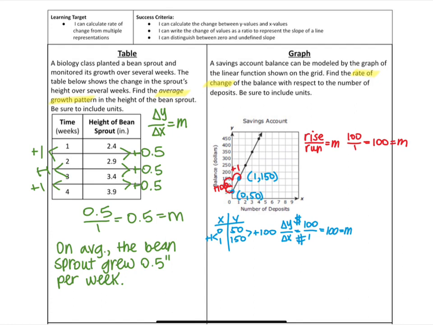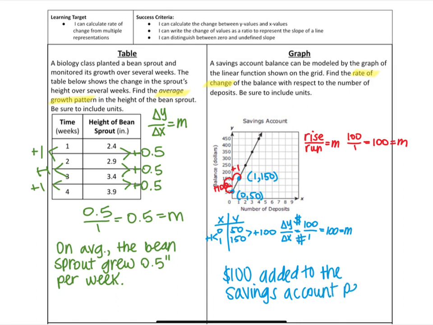So this tells me that there is $100 added to the savings account per deposit.